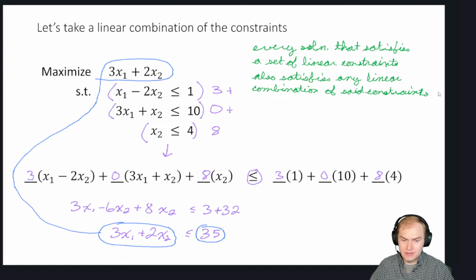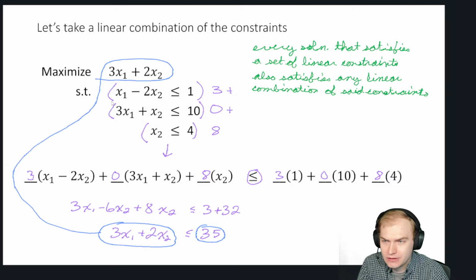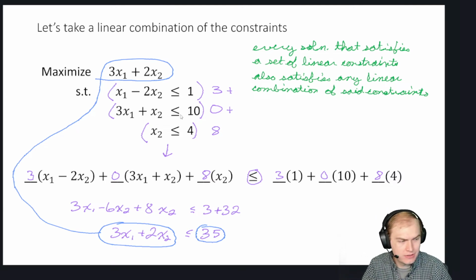But the idea is that multiplying a whole constraint by a number doesn't actually change the solutions to that constraint.